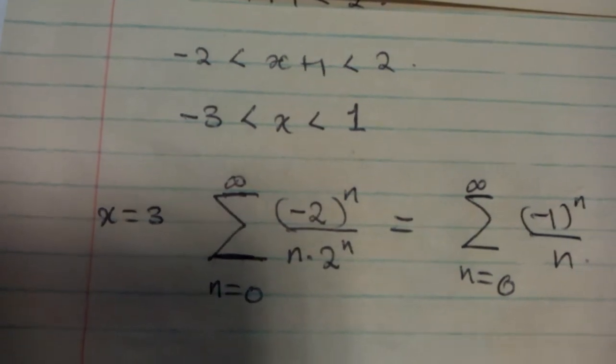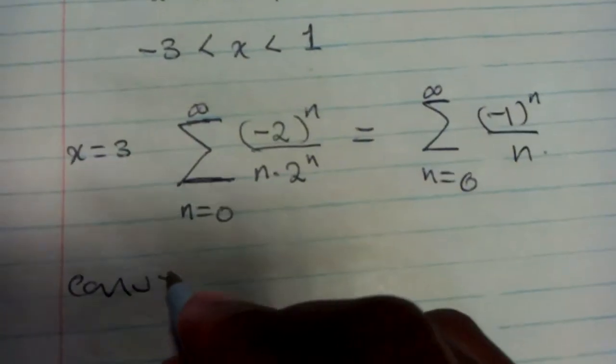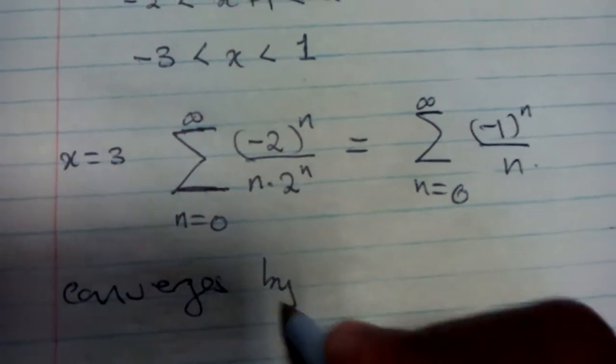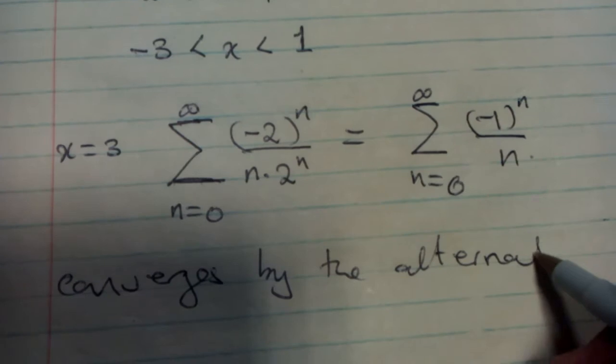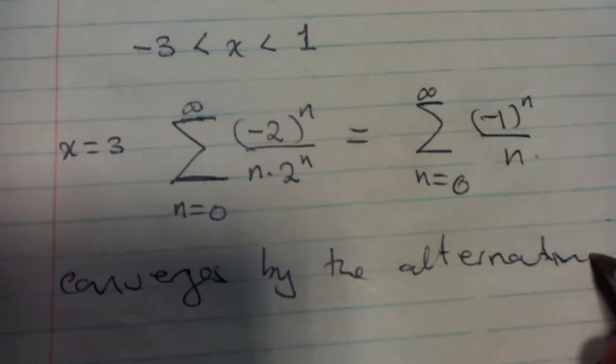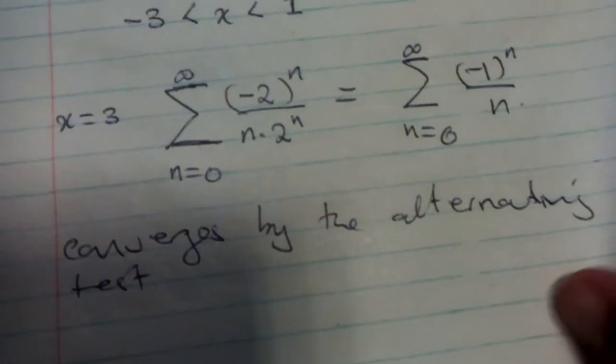And this converges by what? This series converges by the alternating series test, right?